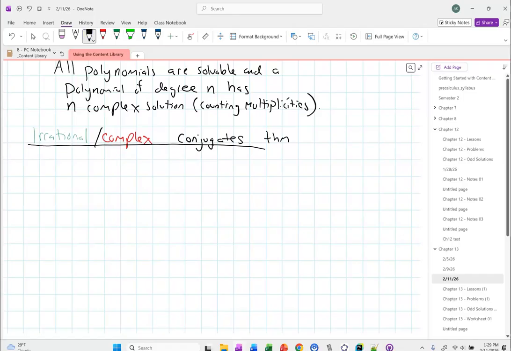So this is going to be two theorems at once. You read it with the green words, it's going to be the irrational conjugates theorem. You read it with the red words, it's the complex conjugates theorem. This is just trying to save every word. You just read the first words at the slash together and the second words at the slash together.